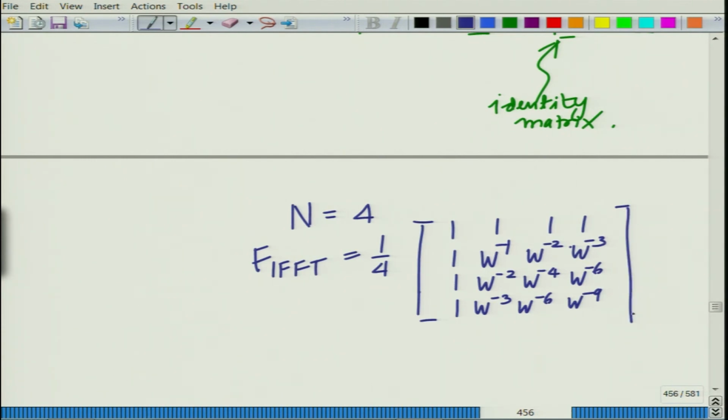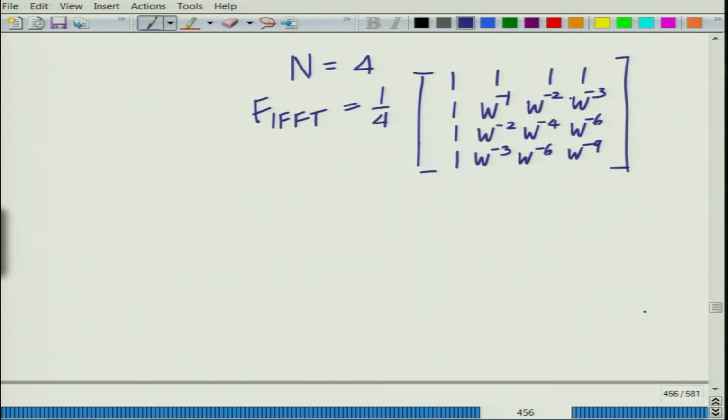You can also obtain it, as I told you, by taking the Hermitian of the FFT matrix and dividing it by n.